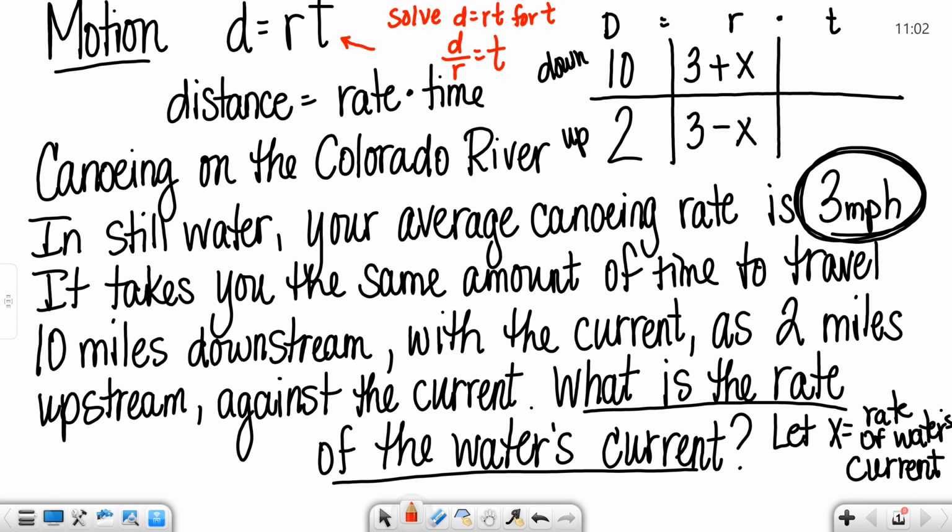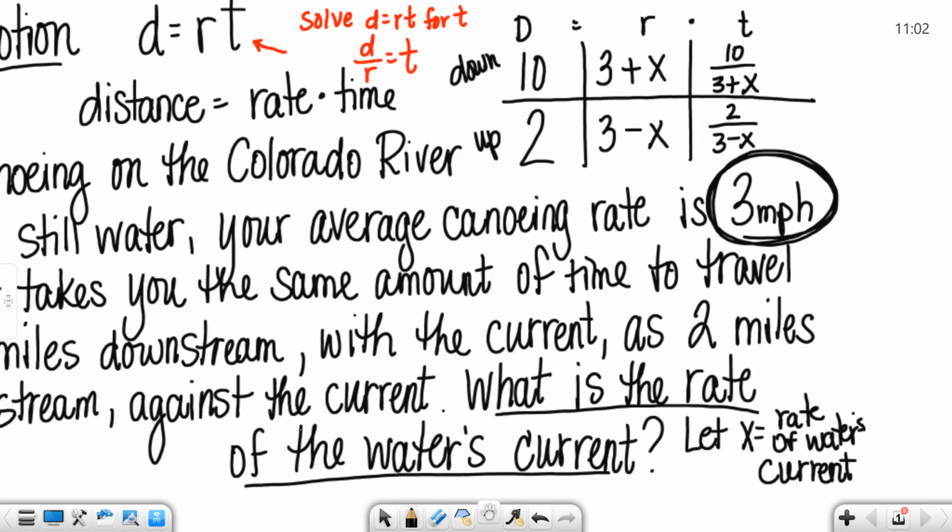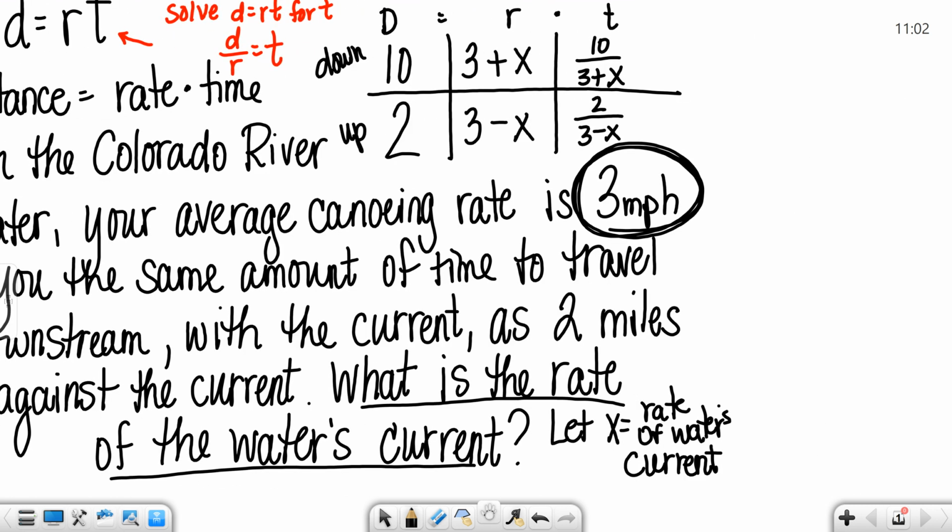Over here in my table, I don't know how long it took, but I know it's whatever the distance is divided by the rate. So there's my 2 times. Awesome. Now I've got everything I need in my table.